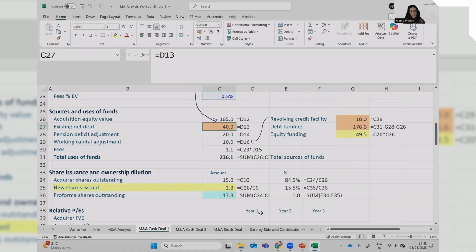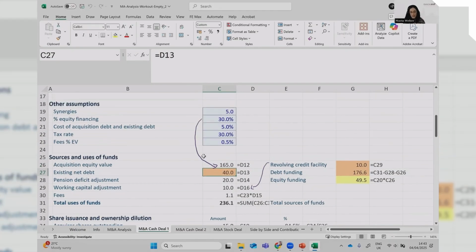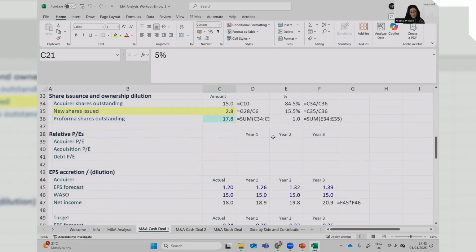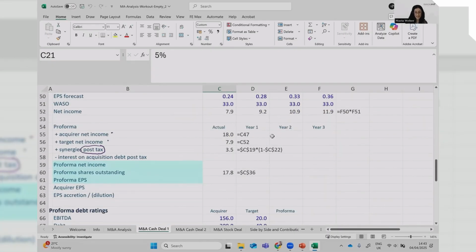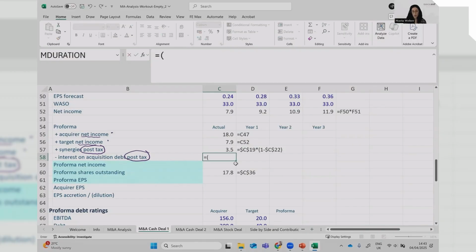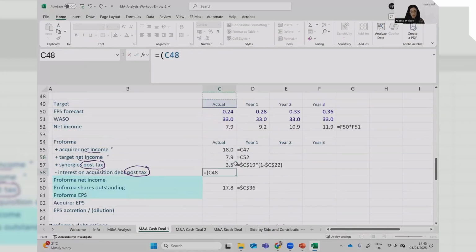So I'm going to net these two amounts off, and then I'm going to apply the interest rate, which we've got, which is 5%, and I need to take that after tax. Okay, because remember, we're working in net income. Net income is after tax. So let's do that, right? I'm going to open my brackets. I need to press F4, get dollar signs for everything because we're going to copy this to the right and we don't want it to move.